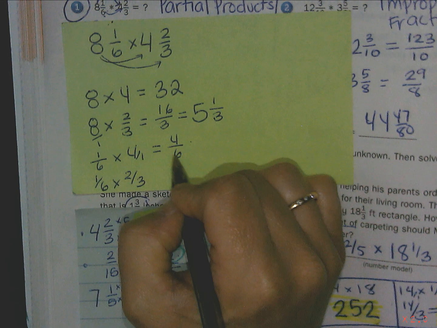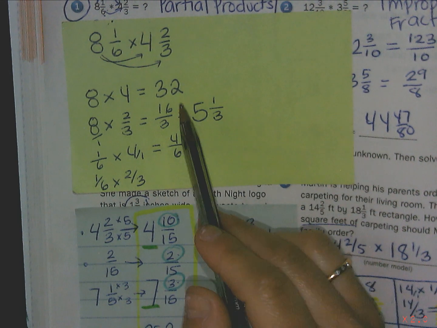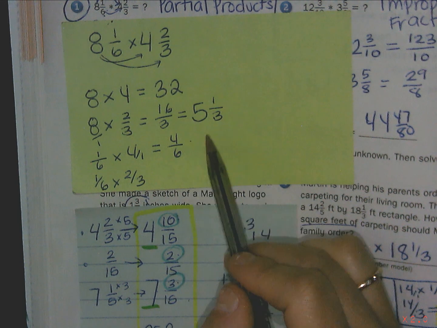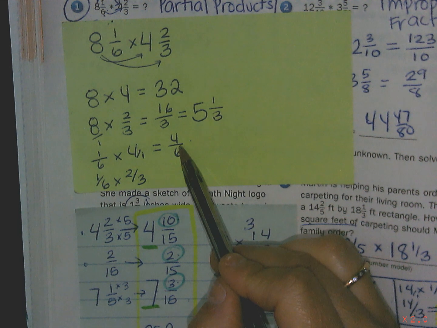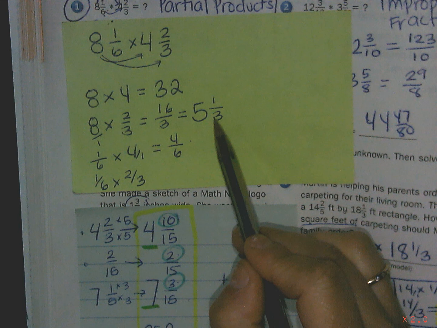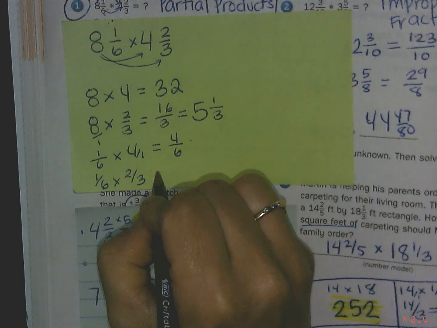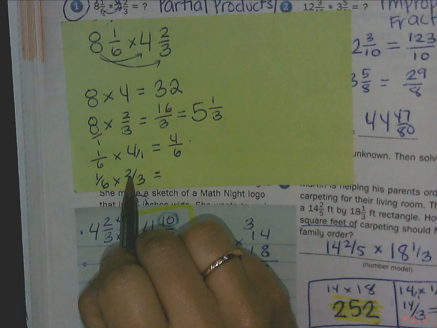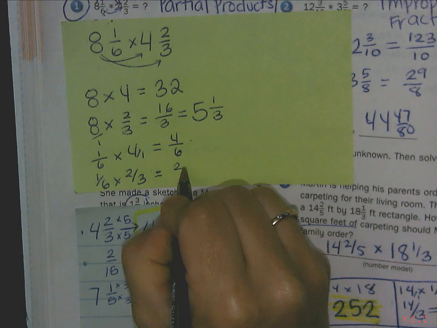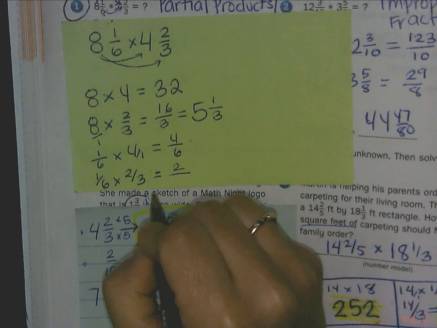All right, so right away I notice that in the end, I'm going to need to add them together. This one's a third and this one is a sixth. Those can both be turned into sixths. All right, numerator times numerator, 1 times 2 is 2, and 6 times 3 is 18.